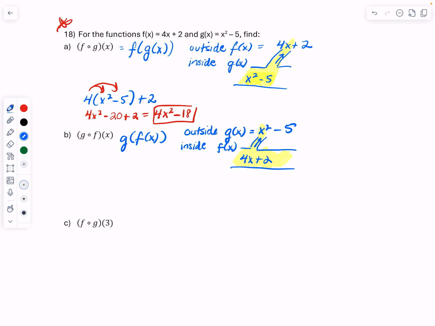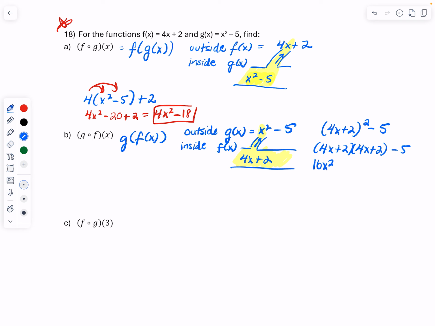Okay, so what does that look like? That looks like 4x plus 2 quantity squared minus 5. So that means 4x plus 2 times 4x plus 2, minus 5. You're going to have to FOIL that out, or you can use a shortcut by taking the first term, 4x, and squaring it, which is 16x squared.